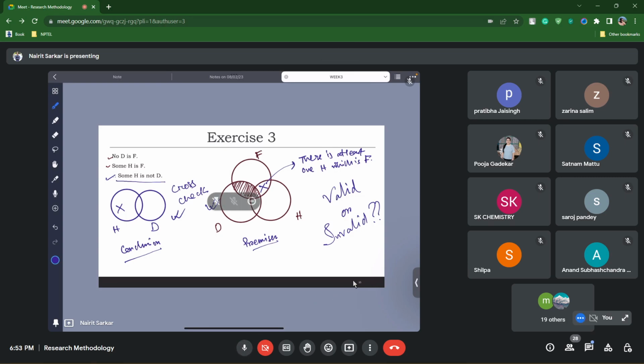It should be valid because, as you can see, here also between D and H, the X is here and also here, so it is the same.